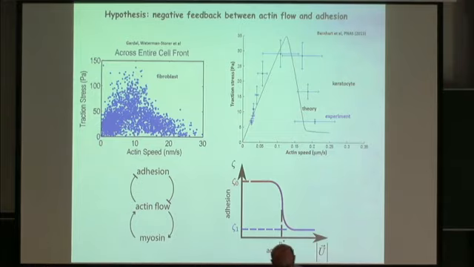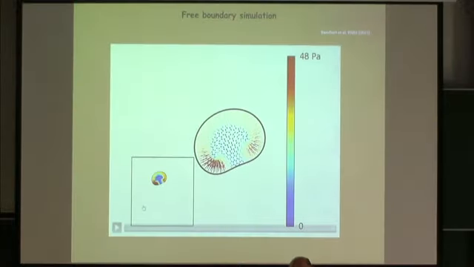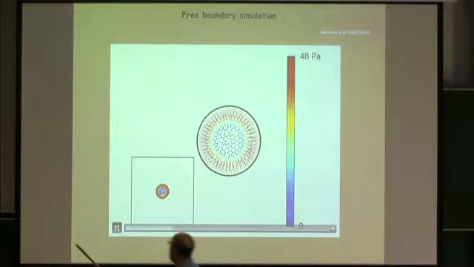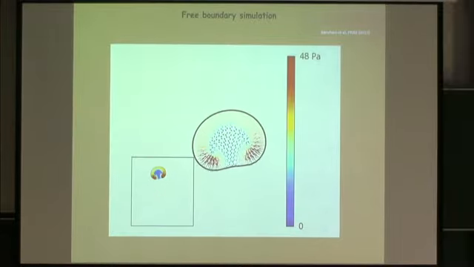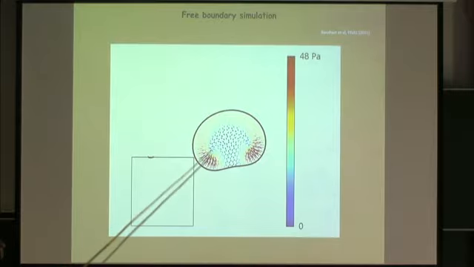And so together with those two assumptions, these are the free boundary simulations. So we start with a symmetric cell, and then it evolves into this characteristic shape with the correct distribution of the traction forces, and the cell is moving. In this simulation, we also had some noise. So this is a stochastic simulation.